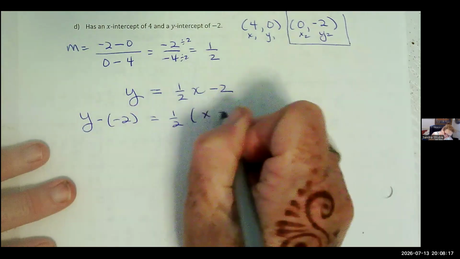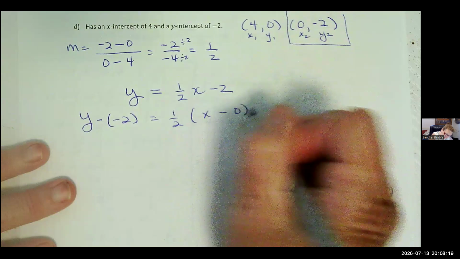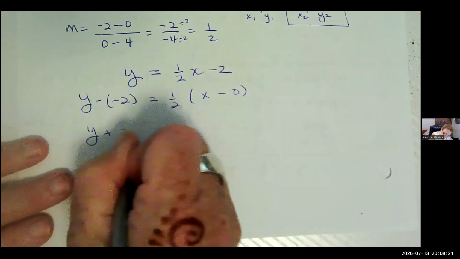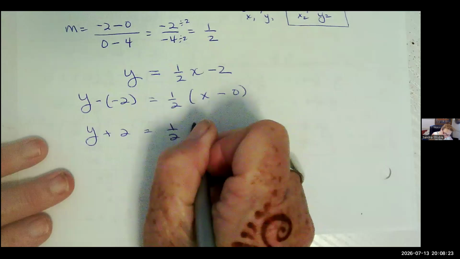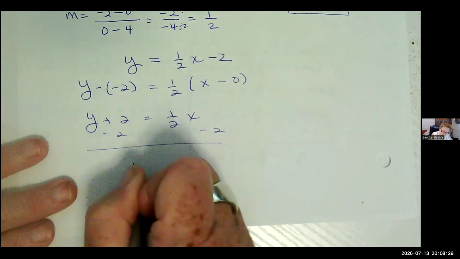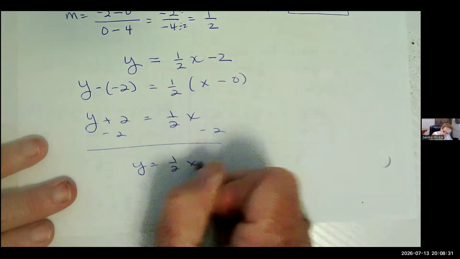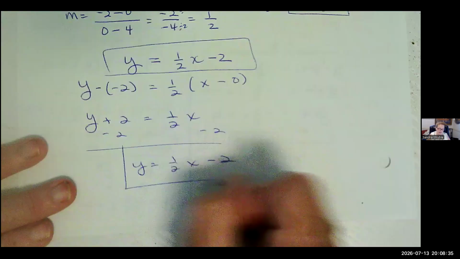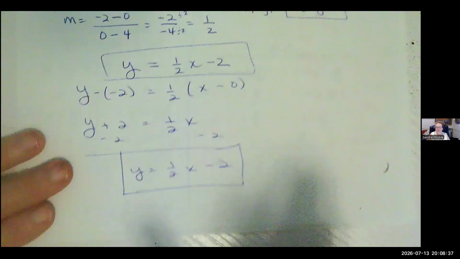So this becomes y plus 2 is equal to 1/2 x, once we distribute it, because 1/2 times 0 is 0. Subtract 2 from both sides. y equals 1/2 x minus 2. There's always at least 2 ways to do something in math. Very rarely is it not.